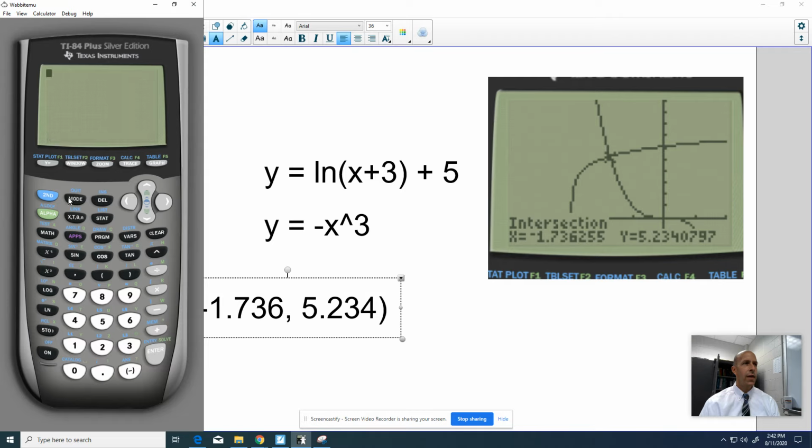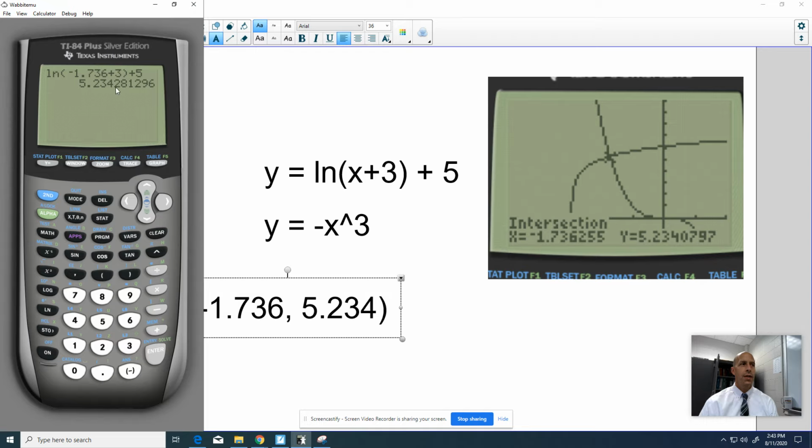I'm going to do the natural log of (-1.736 + 3) + 5, and I'm hoping that's going to give me this y value, that's what this equation says, of 5.234. It's not going to be exact, but I bet it's close.